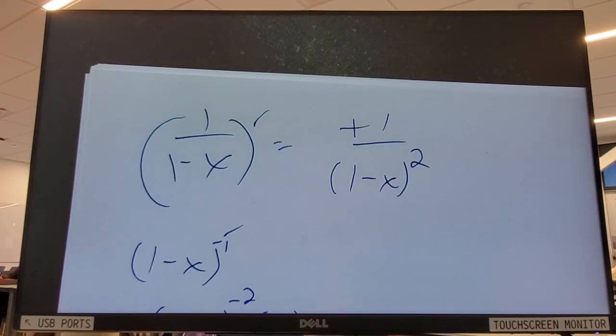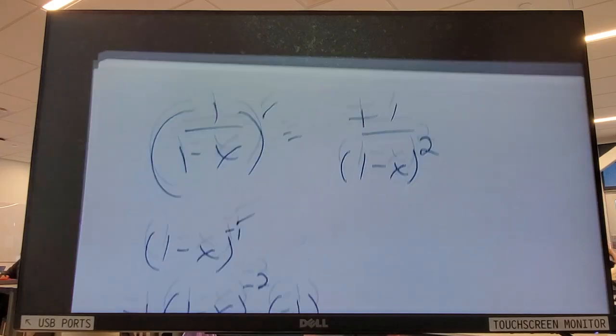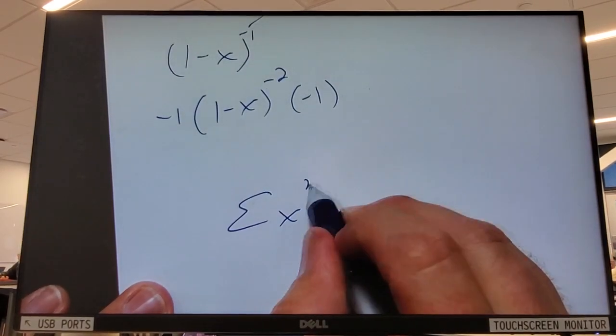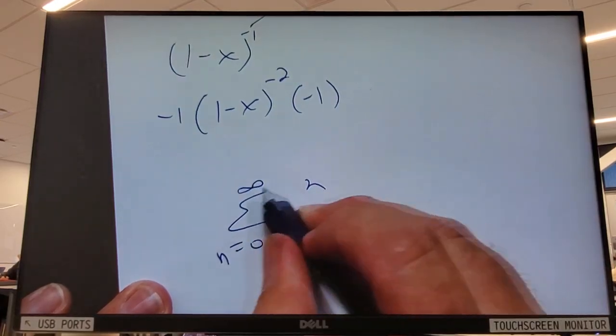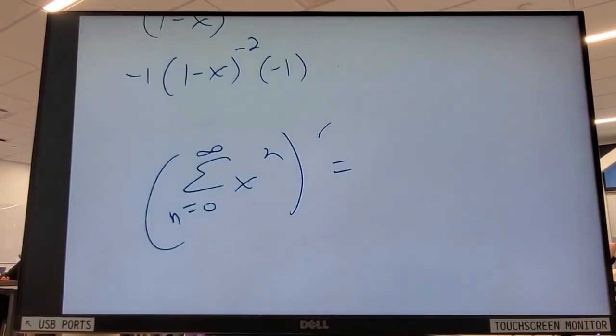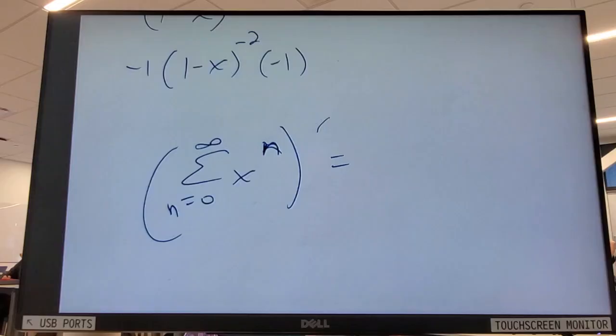How are you guys doing? Do you know how to take the derivative of a power series? Yes. Can you guys just take a moment and do the derivative of this power series? Don't say anything. This is trying to be an n, by the way.